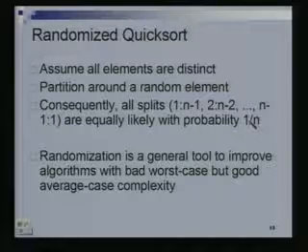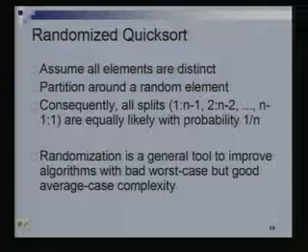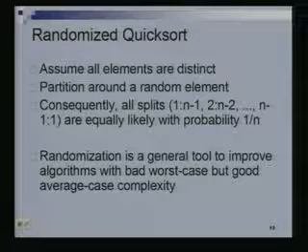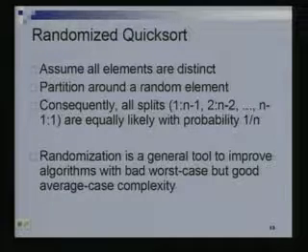Because it is a random element, each element can be picked with equal probability. So, if I have n elements and I pick the 10th smallest element, then I will get a 9 versus n minus 10 split or a 10 versus n minus 10 split. But what is the probability of picking the 10th smallest element?